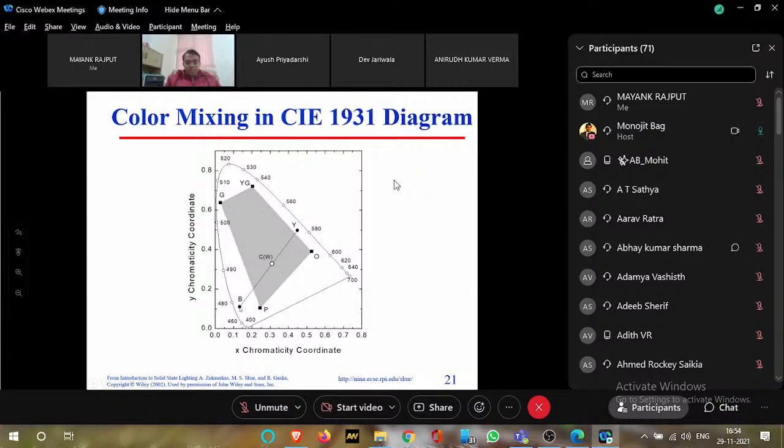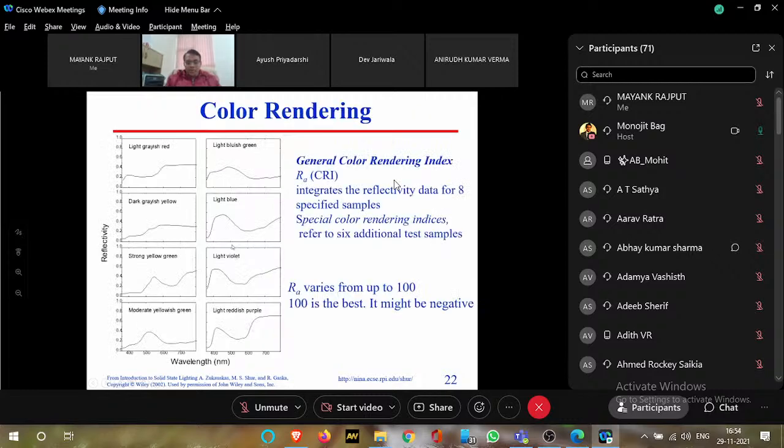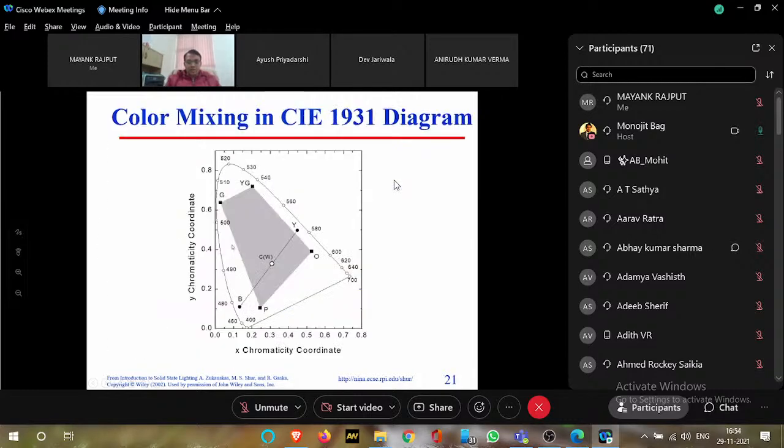If I take this one and this one, depending on the intensity I choose, like blue and yellow, I can get a white light source here. I can draw any line here and take two points on it which pass through this point. And if I adjust the intensity of these two light sources, we can get a white light source.